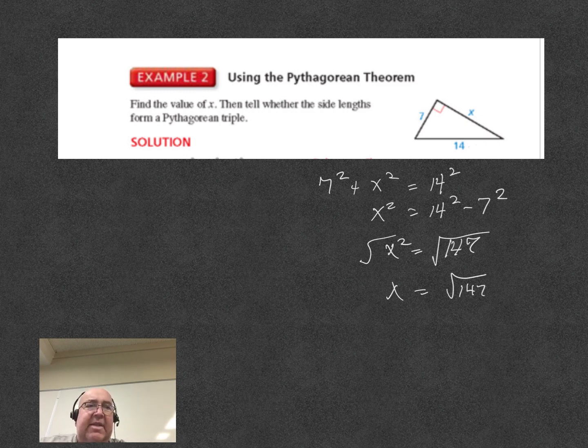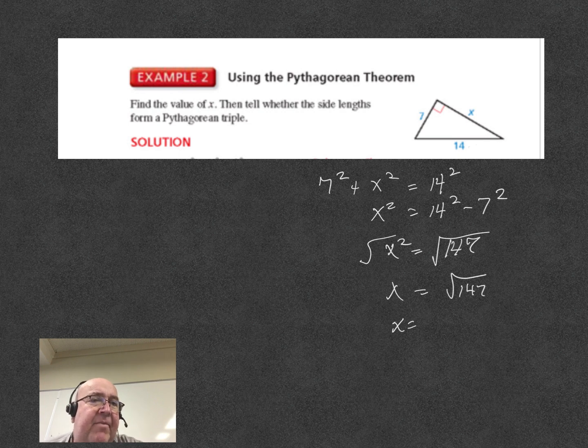Now, this is a good time to think about squares that you know. If I can break this out into two things that I know, I can see that 147 can be divided by 3.